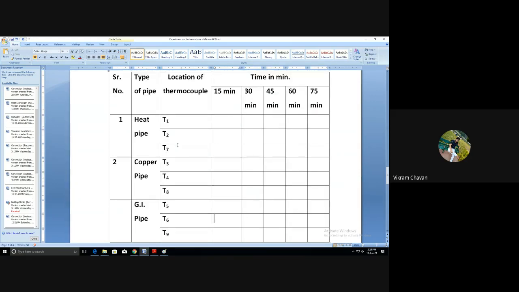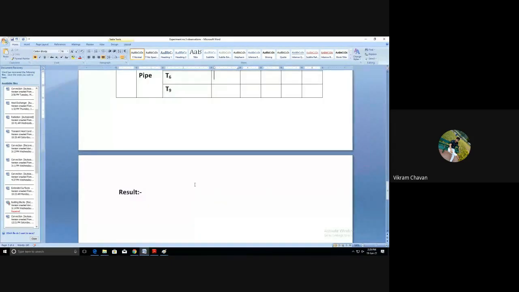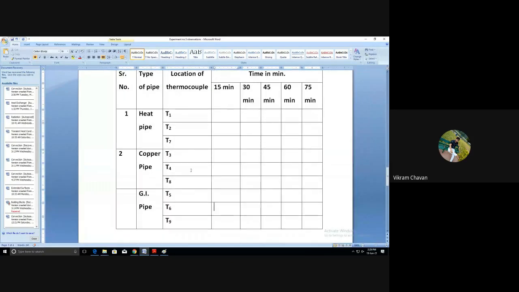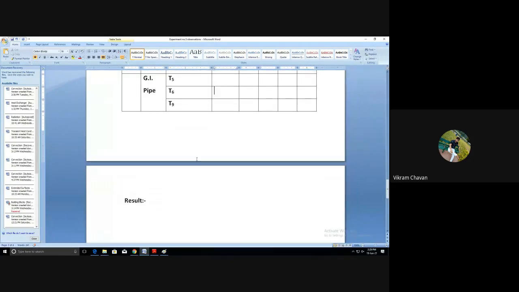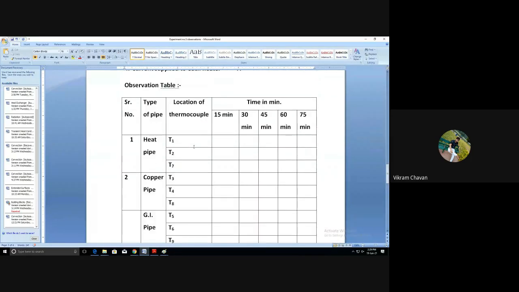You plot this particular table initially and then we will take the readings. You plot this graph, you plot this particular table.